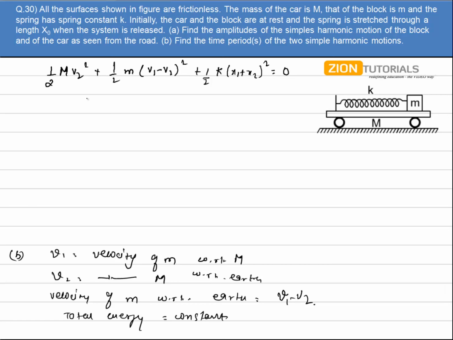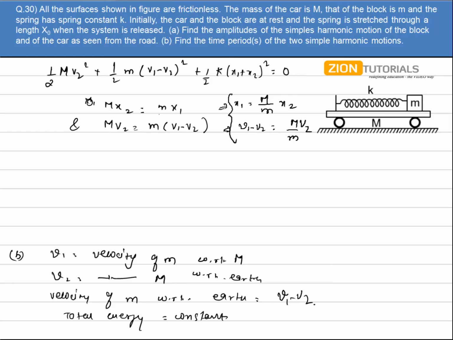And now we know that capital M x2 is equal to small m x1, and capital M v2 is equal to small m (v1 minus v2). Fine. So I can write x1 as capital M by small m into x2, and similarly I can write v1 minus v2 is equal to capital M by small m into v2.